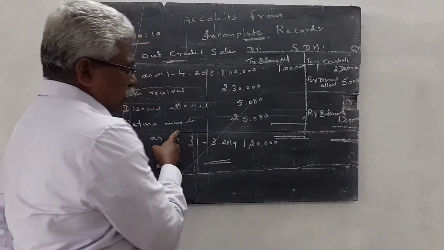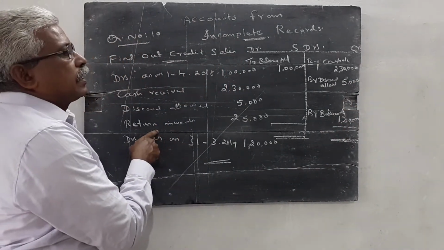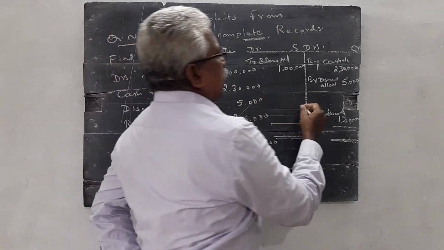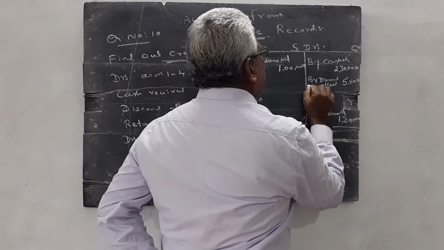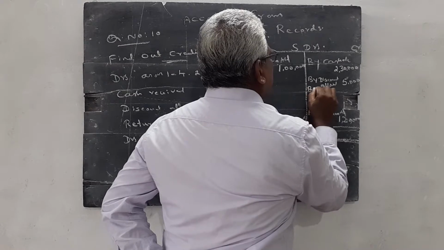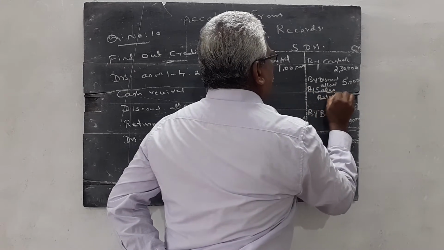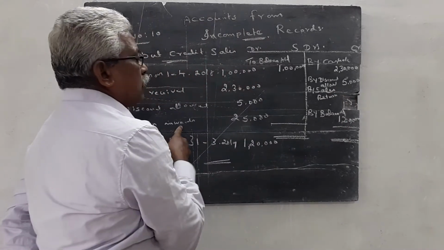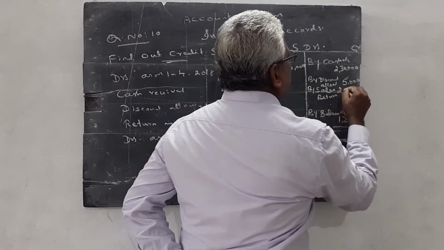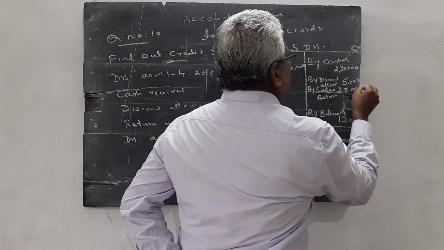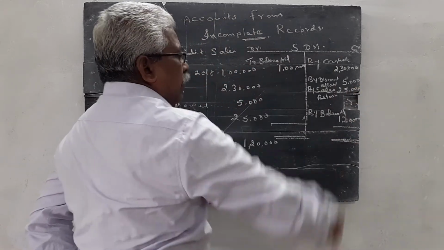Return inwards means sales return. Sales return is entered here. By sales return or return inwards 25,000. The total is entered here.